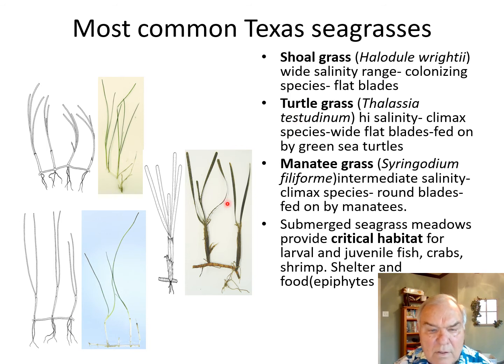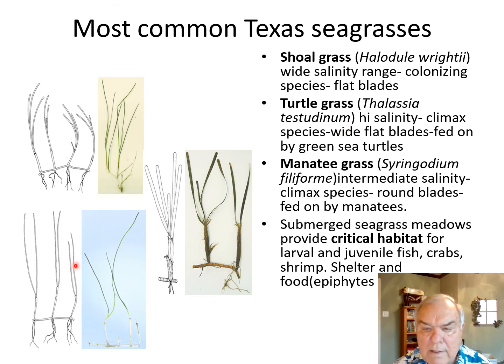Turtle grass is very distinct. It has the widest blades. It likes a higher salinity bay, and you find almost all of the turtle grass in Texas estuaries down in the Laguna Madre, where you have much higher salinity, as we've already discussed.